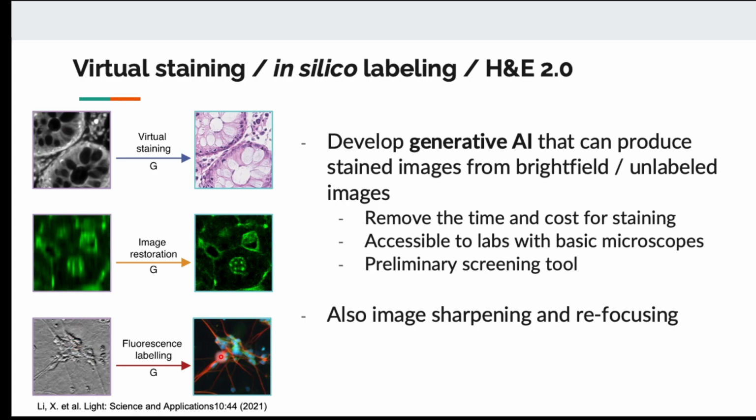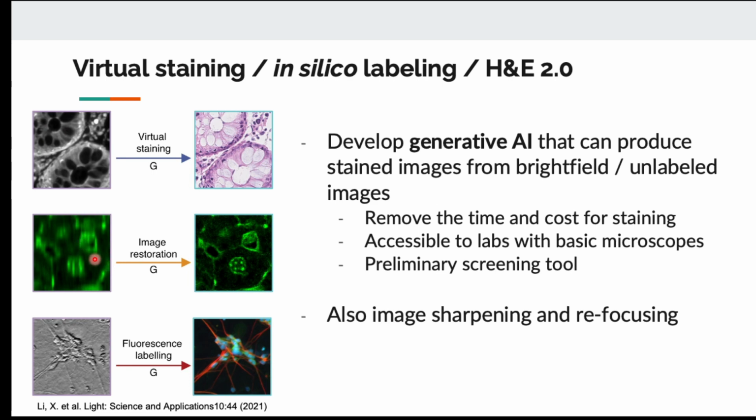If we can do this, then you don't even need to do the fluorescent labeling. You can just take the brightfield image, unlabeled, and you make the algorithms that can predict if this were to be stained with certain groups of protein, how would it look like? And then you get a cheap molecular assay that you can use to classify the cell type or use to predict the disease.